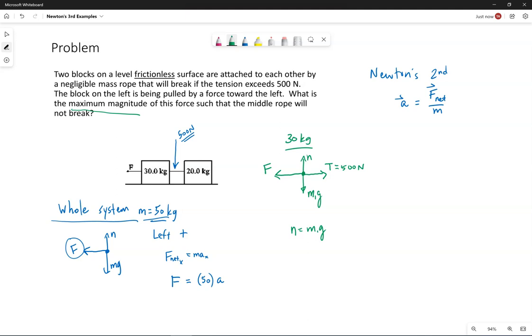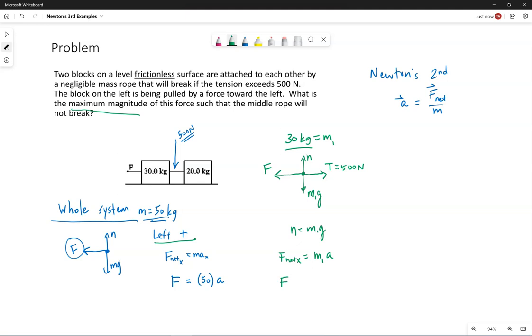In the x direction, when we want to talk about the net force in the x direction, I'm calling this mass m1. I'm still calling to the left positive, because that's what I chose to say in the previous step.